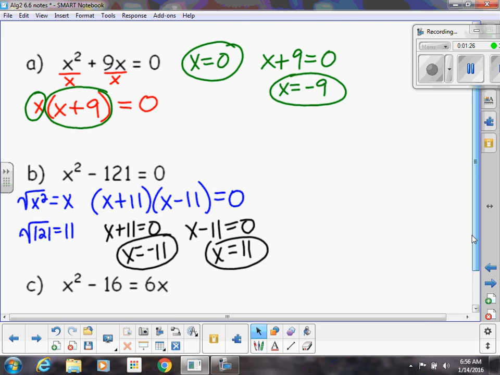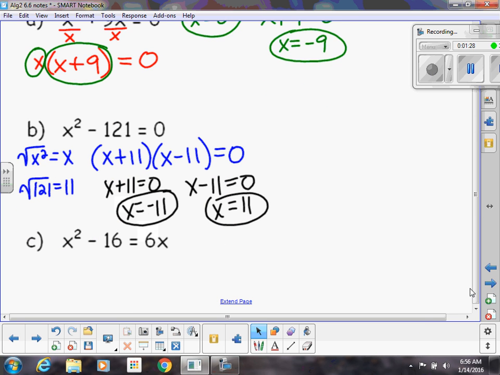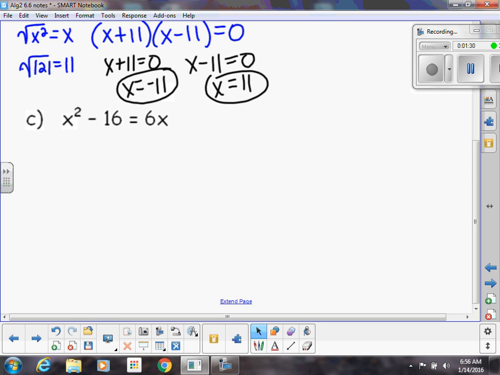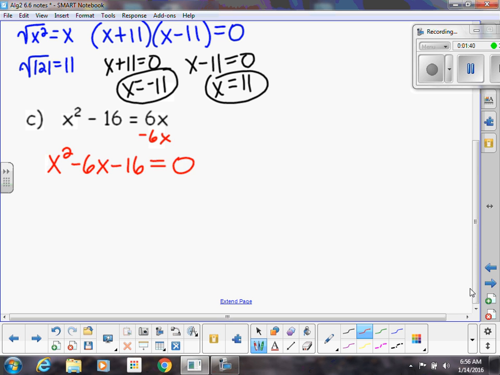Okay, one more just to remind you how that works, and then we're going to move on. So here I would subtract 6x on both sides. Remember, we want to get everything on one side equal to 0. In this case, the equation isn't already equal to 0. Then we would say, what two numbers multiply to give me negative 16 and add to give me negative 6?